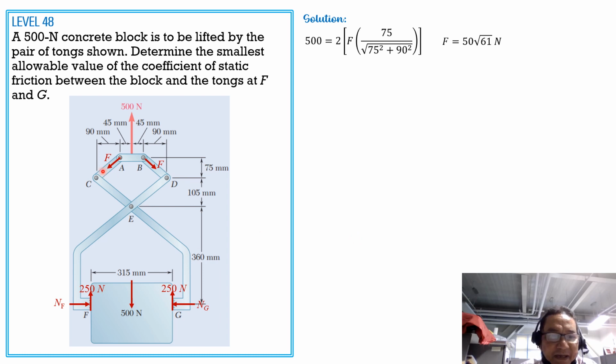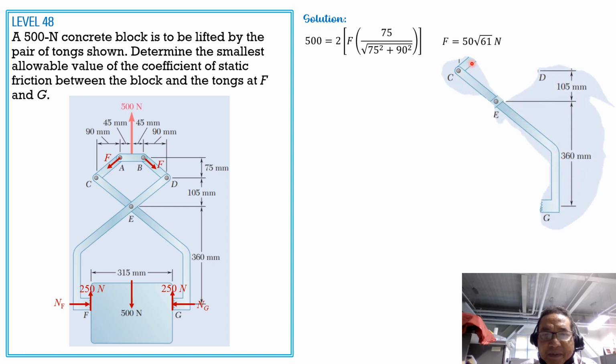So let's draw the free body diagram of this portion. Transmit F. So remember, F is 50 square root of 61. If we resolve F into its components, horizontal, it is 50 square root of 61 times 90 divided by square root of 75 square plus 90 square, and that would be 300 newtons.